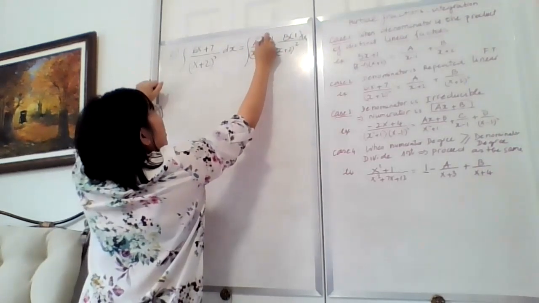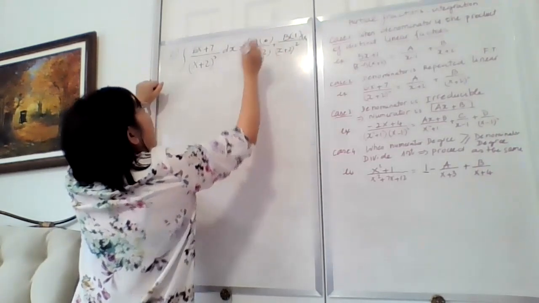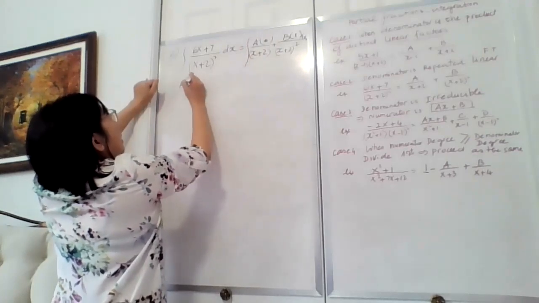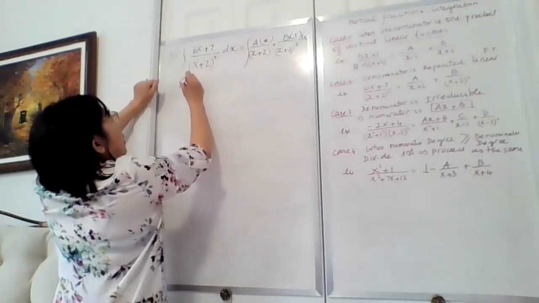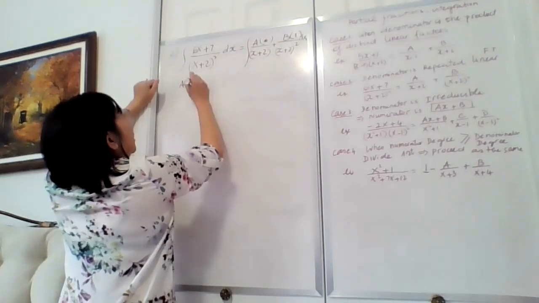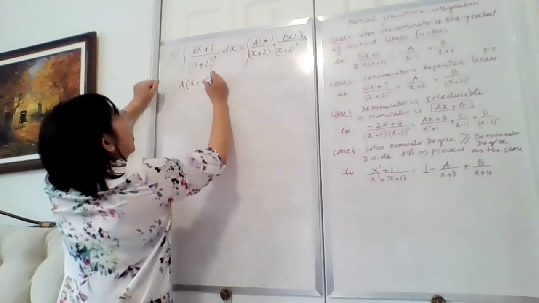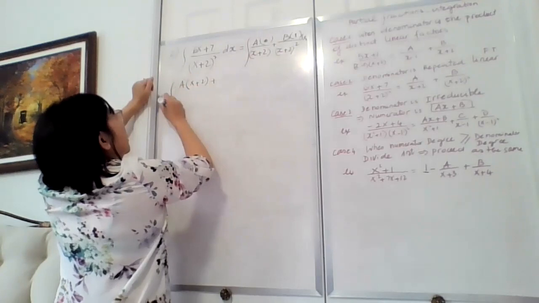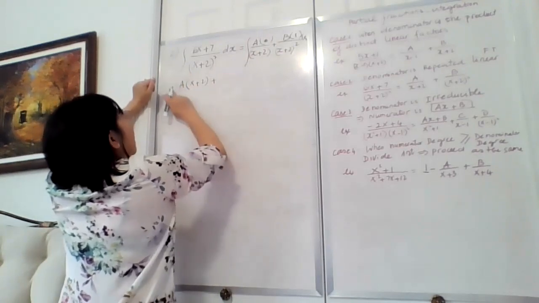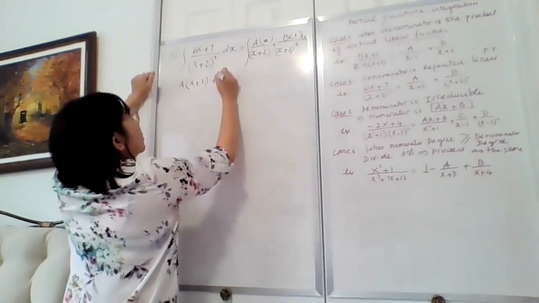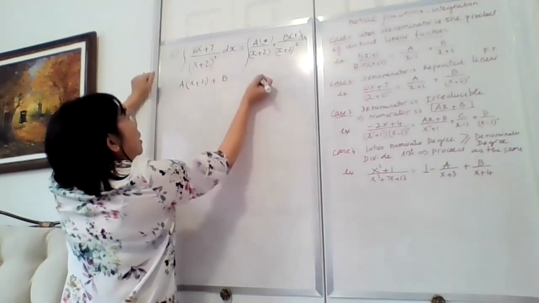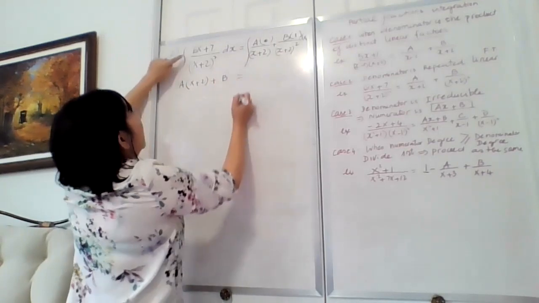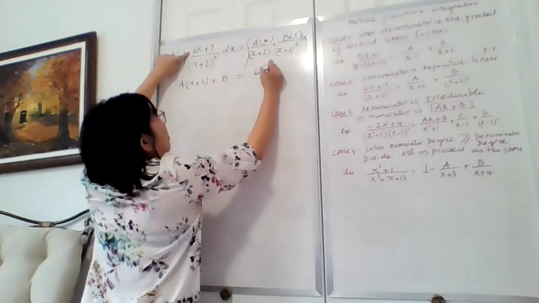So now I'm going to do the top. We have A times another bracket, x plus 2, adding B times nothing, and that equals 6x plus 7. Let's just solve for A and B first.